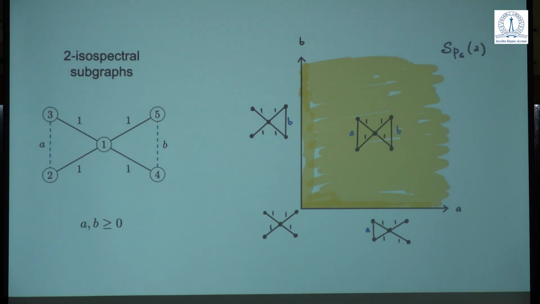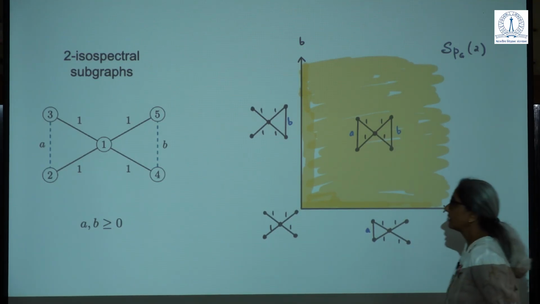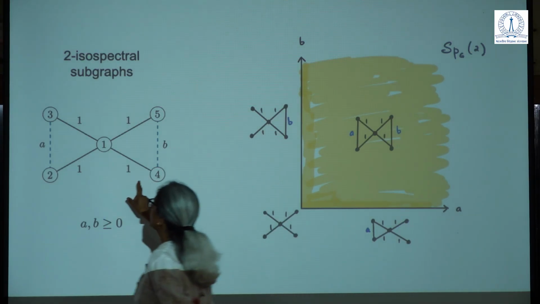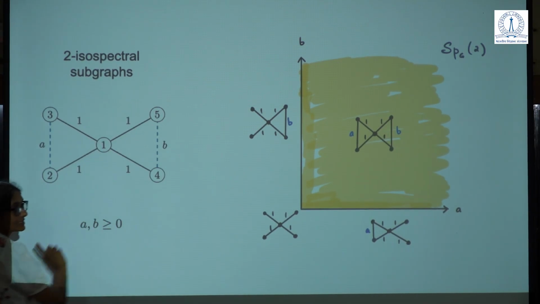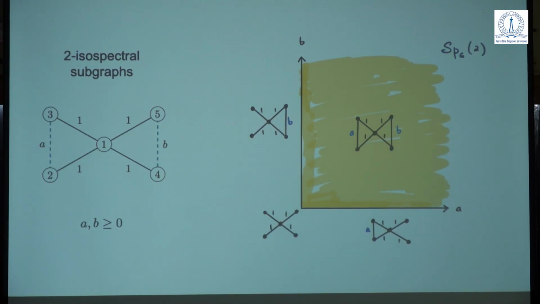In this picture, we will compute this in a bit, but let me show you the answer first. The 2 isospectral subgraphs, which are the ones that freeze the first 2 eigenvalues and eigenvectors, will look like this. You will definitely have to keep these edges: the edges that emanate from 1, you have to keep.